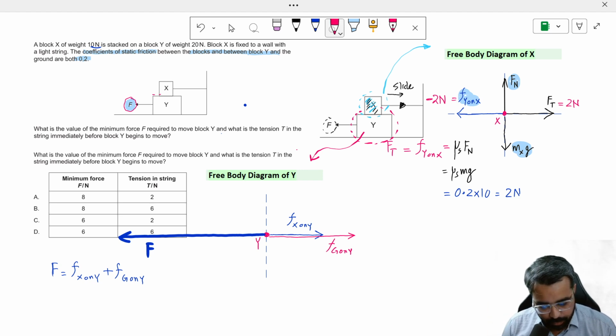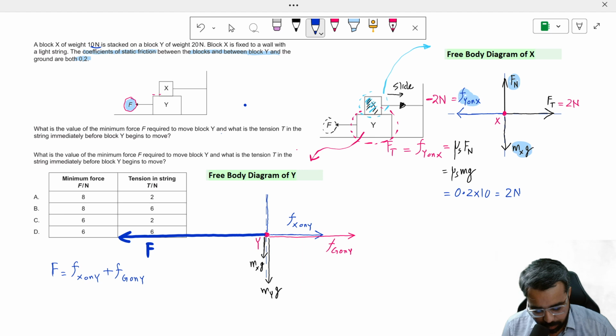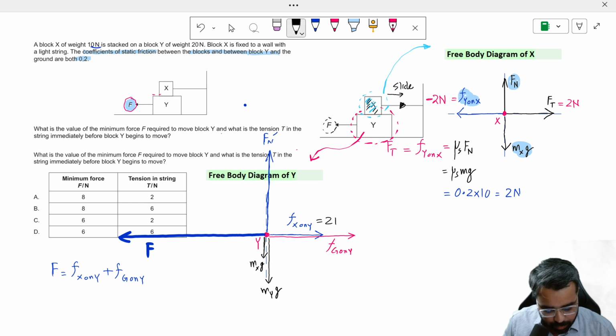Now what are the other forces? Let's draw them quickly. This is the weight of the upper block, 10 newton, and this is the weight of the lower block, that is MYg. If you add up these two weights, together they will be the normal force exerted by the ground on Y. So that must be equal to the sum of these two forces. I'm calling it also a normal force. We had already calculated that this force was 2 newton.